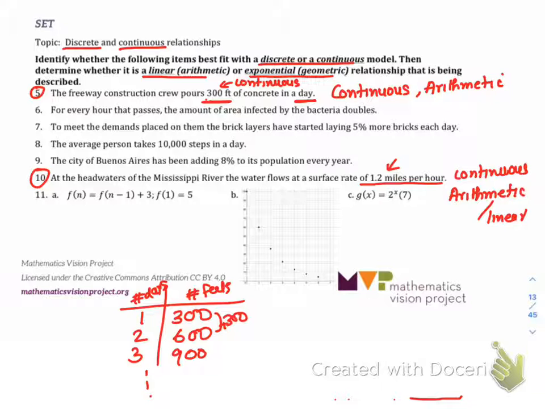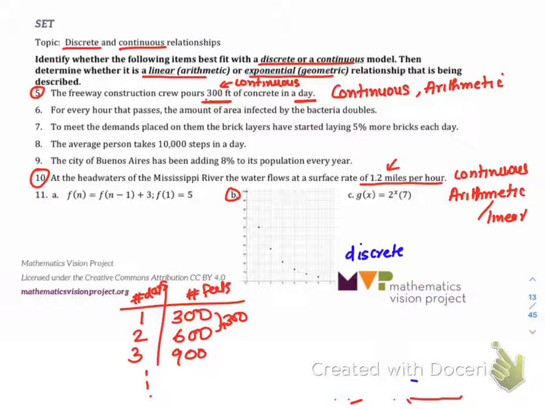Now for part B, when I look at the graph here, when your dots are not connected, that's considered discrete, because you don't have any value in between.